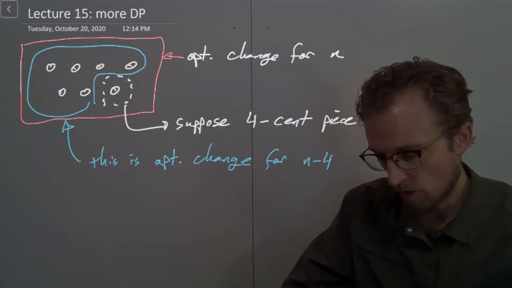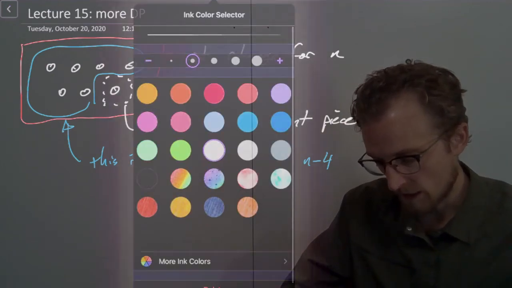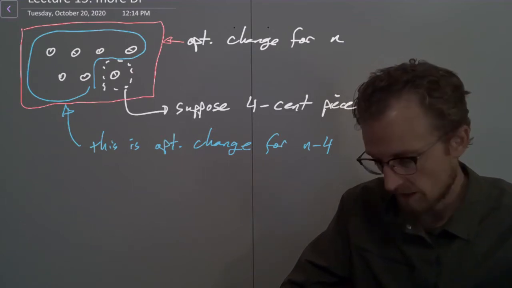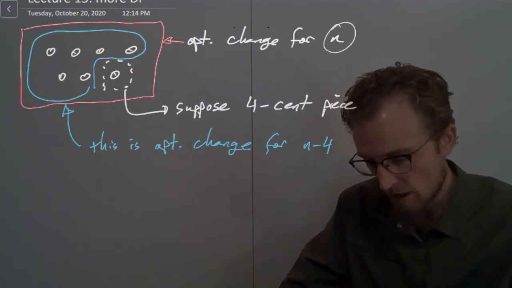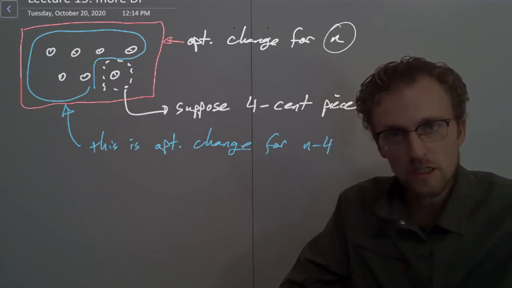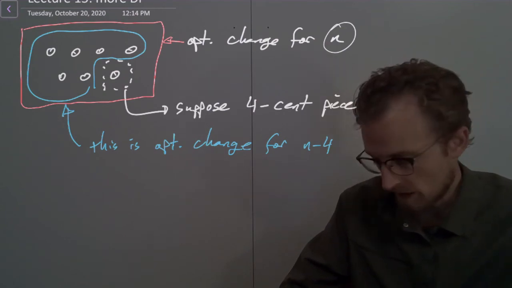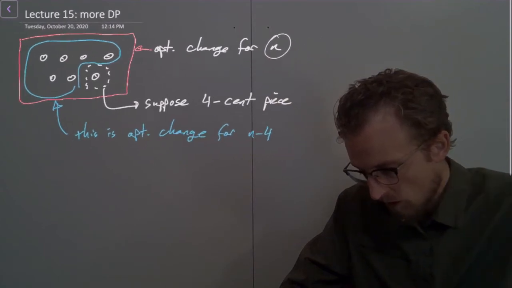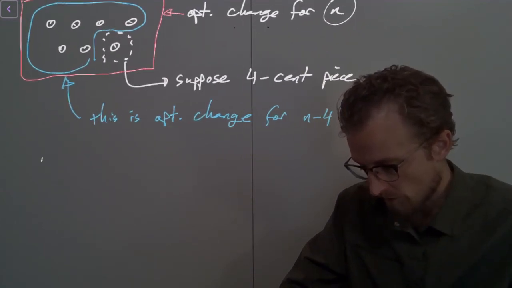And the way the algorithm works essentially does this. It says, let's make a list. Like let's say if we're looking for optimal change for n, let's initialize an array that has n elements in it, or I guess n plus 1 is the way we did it. And so our array, we'll call this array n.